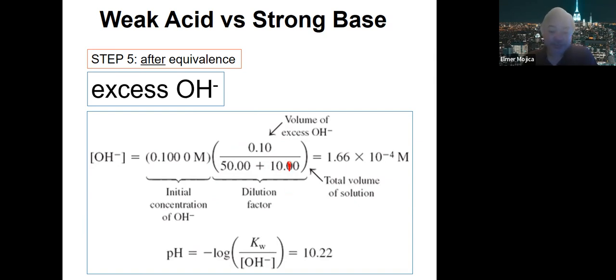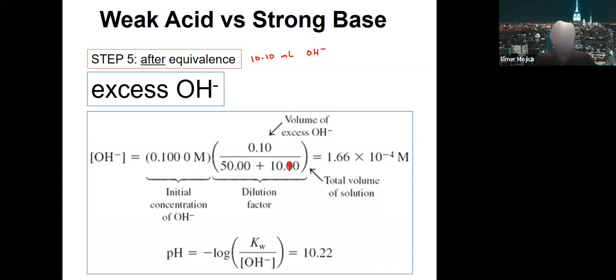That's the difference there, that's the mistake, because this is after you add 10.1 ml of your hydroxide. So if you have that, 0.1 times 0.1 divided by 60.1.